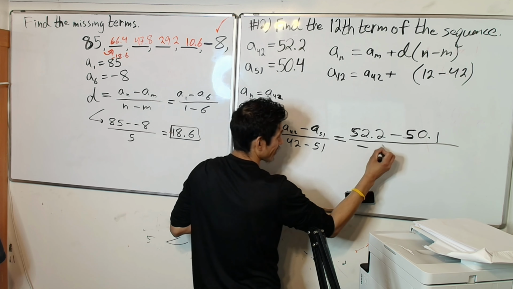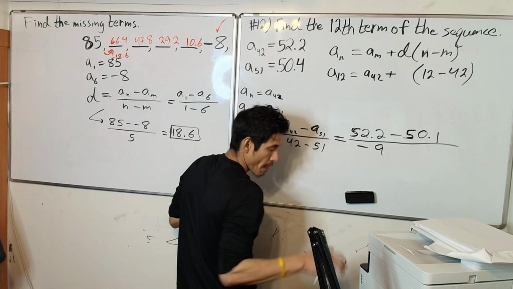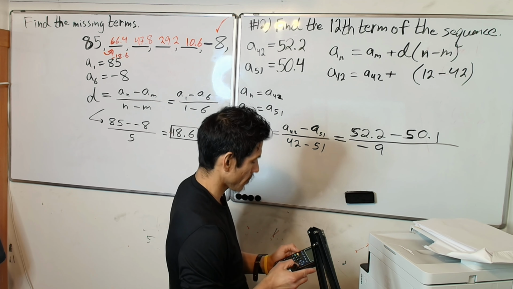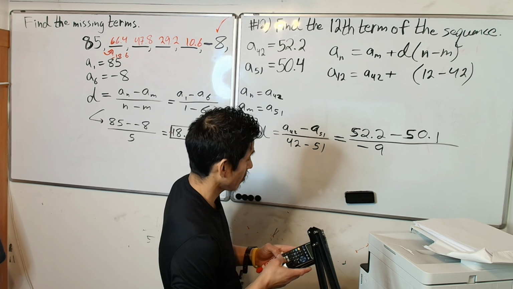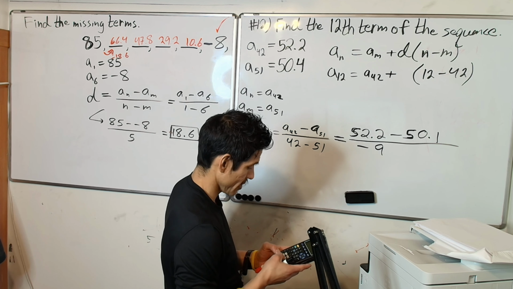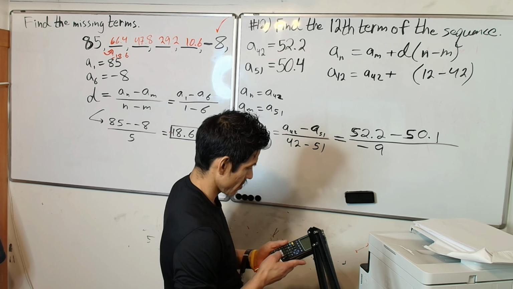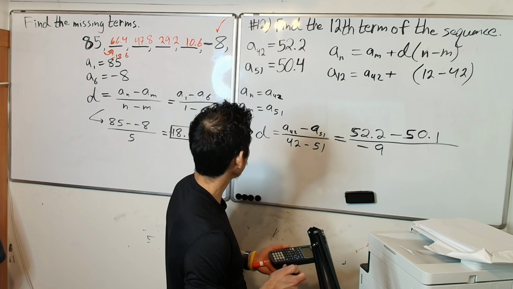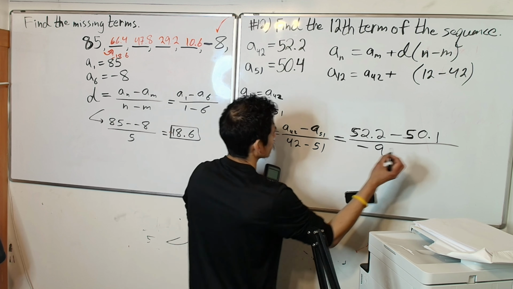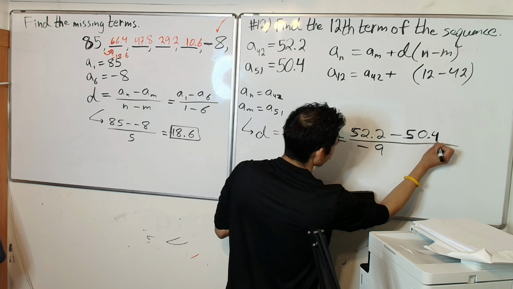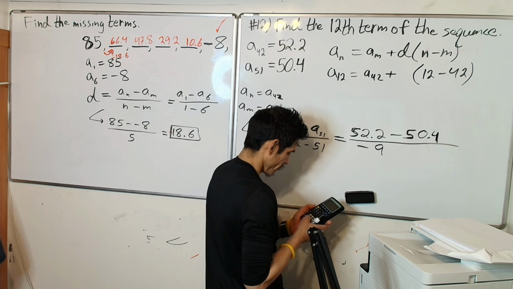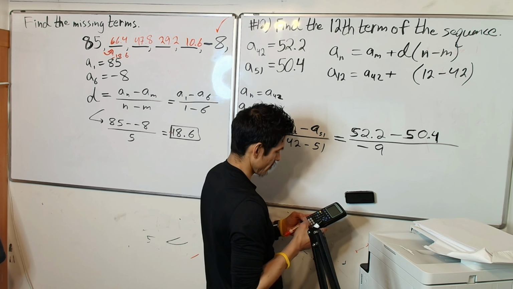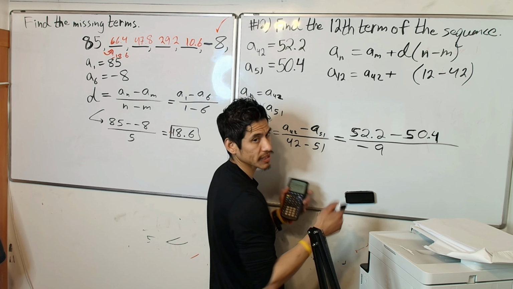So that'll be -9, right? And then we'll get, what is that going to be? 2.1 divided by 9? Hold on a second, that ain't right. a42 minus 50.4 divided by 9. That makes more sense. Negative 0.2.